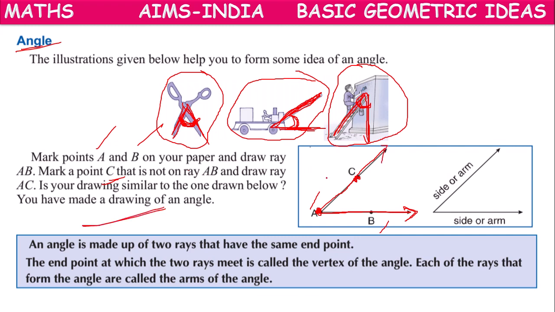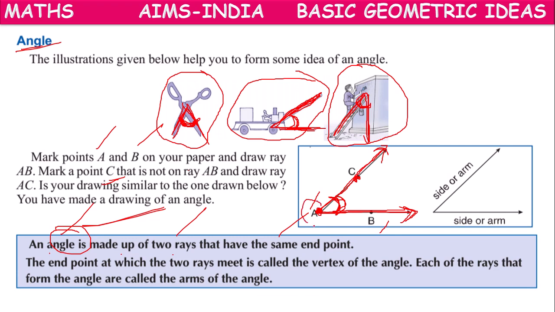Now what you can observe, you have drawn two rays with the same endpoint. One is AB, another one is AC, with the same endpoint. So this part, the inclination between the two rays, is called an angle. So an angle is made by two rays that have the same endpoint.